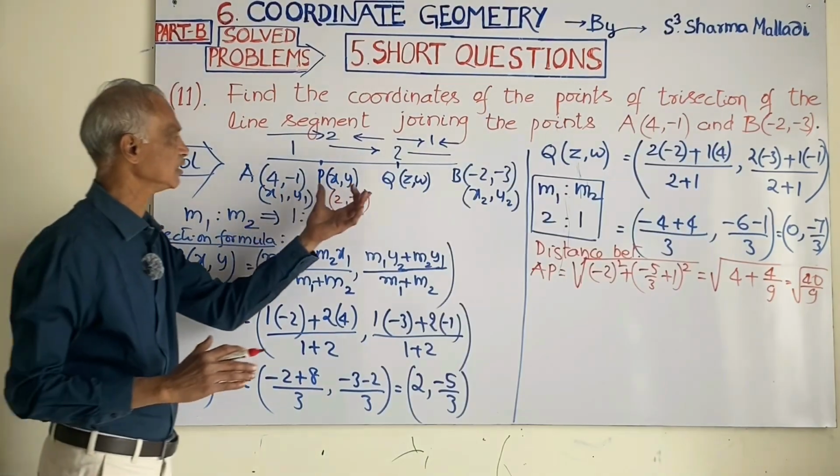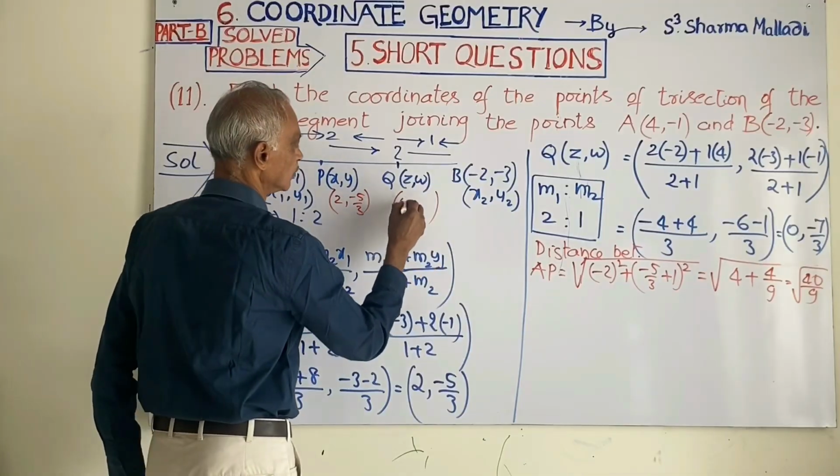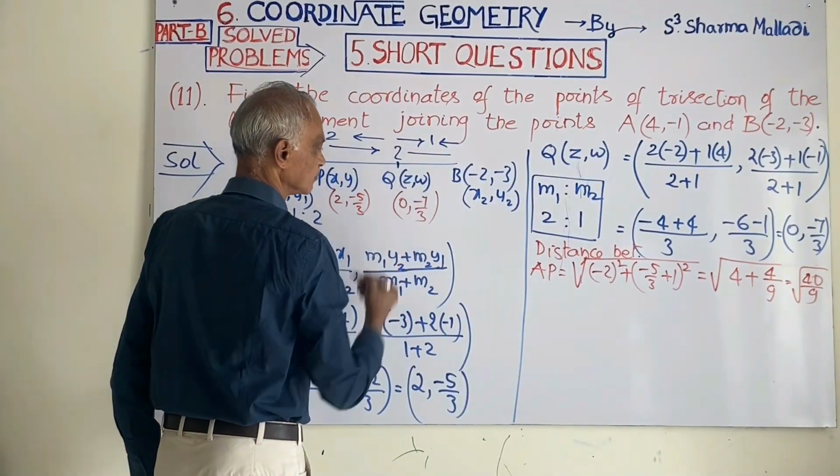Now we will find the distance between P and Q. What is Q here? 0, minus 7 by 3.